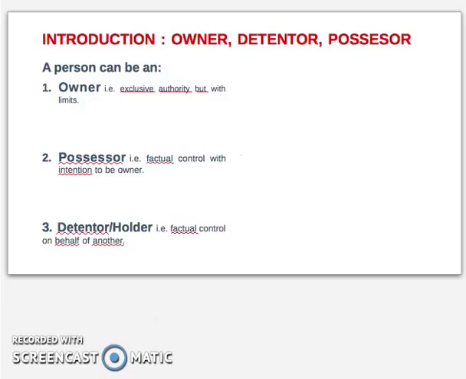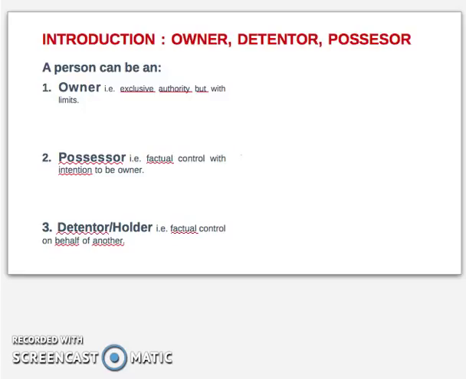And there's also a possessor in bad faith. So a possessor in bad faith is basically someone who has factual control over something and he intends to be the owner of that thing, but based on bad intentions. For example, a thief.